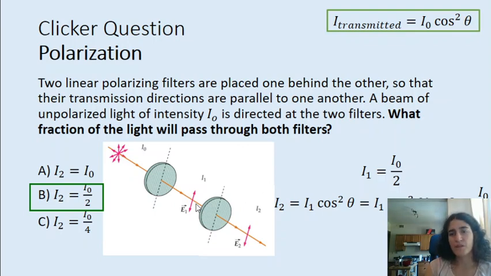Then I have I1 intensity going through a second polarizer, but here the relative angle between the two polarizers is 0. The cosine of 0 is 1, and so therefore I1 and I2 are the same thing. So that's why you would get intensity 2 is just half of the initial intensity.